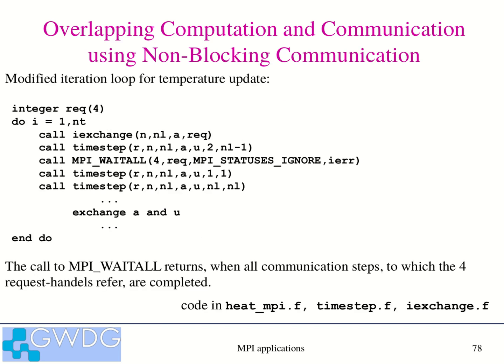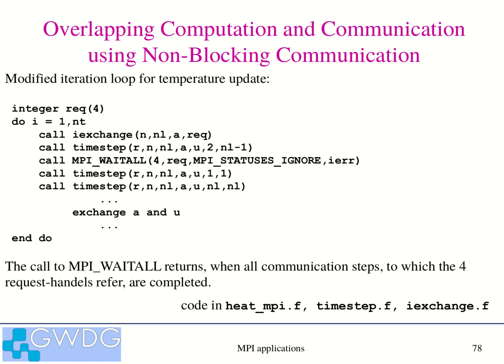Okay, and then the program would run in the following way. I have the update loop, and I call the exchange of the boundary values program, which gives me some request handles. And then I do a time step, but I do the time step not for all columns, but only columns 2 to NL-1.